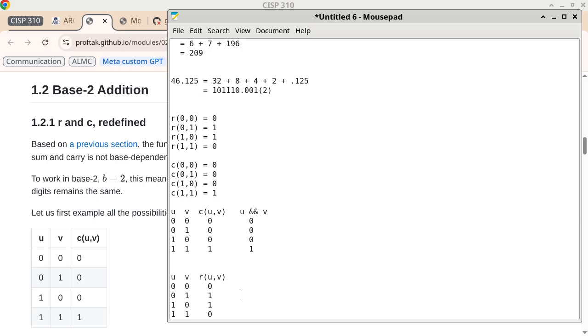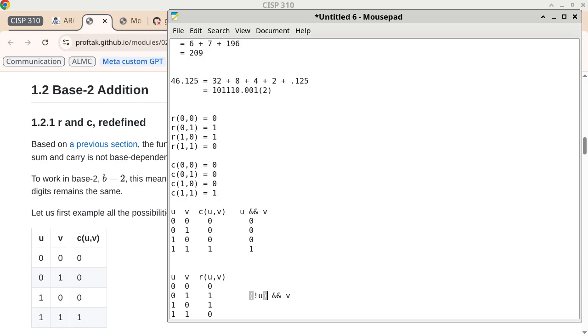If I want that expression to be a 1 only for this row, it's going to look like this: let's negate u first, and then AND the whole thing with v. I'm going to put parentheses just to be sure that we are negating u first. Does that make sense? This expression is true, but only for the second row.